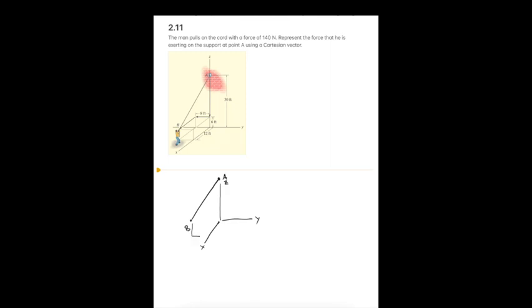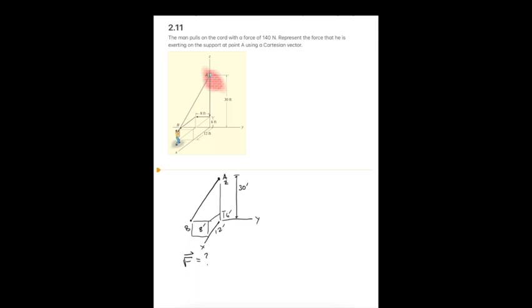We're told this is 8 feet over in this direction, 12 feet in this direction and 6 feet in this direction, while point A is 30 feet up here. What we're asked to find is that force, and we can describe it in Cartesian units.